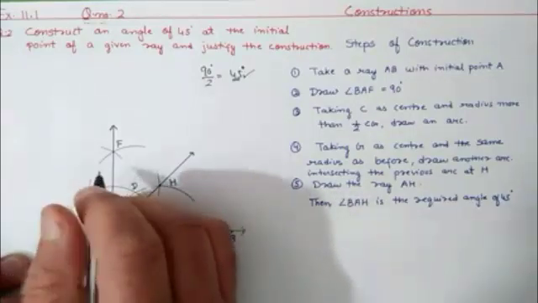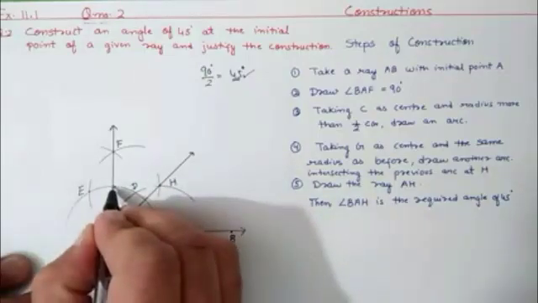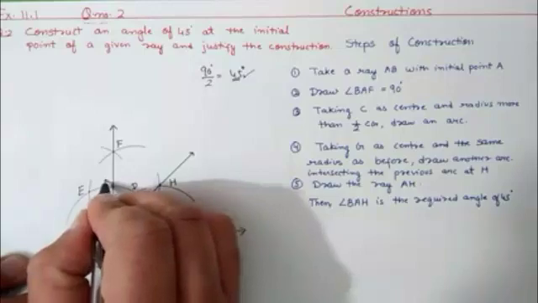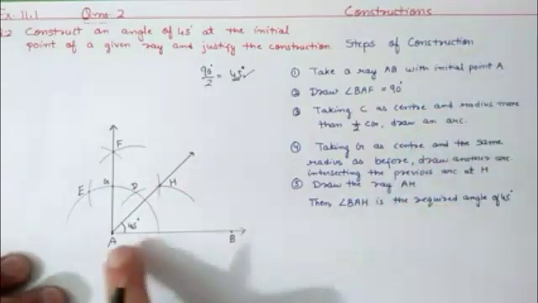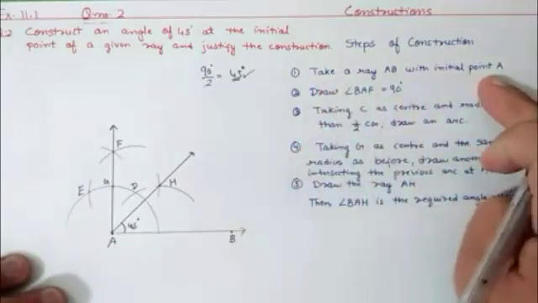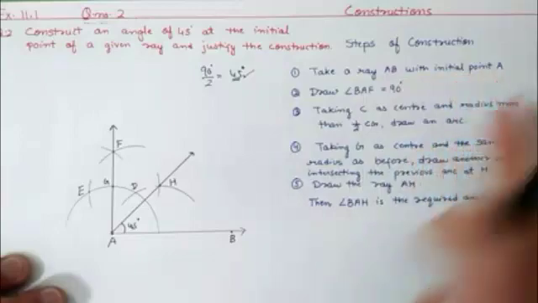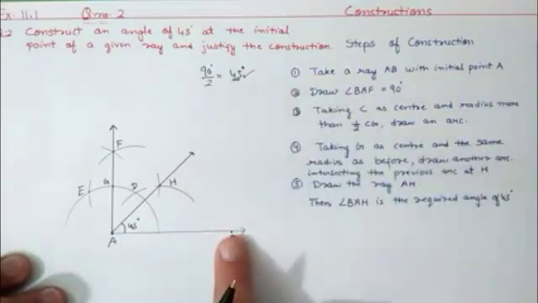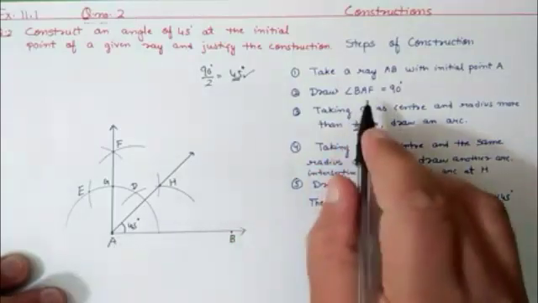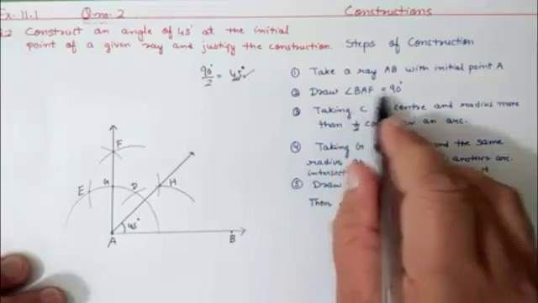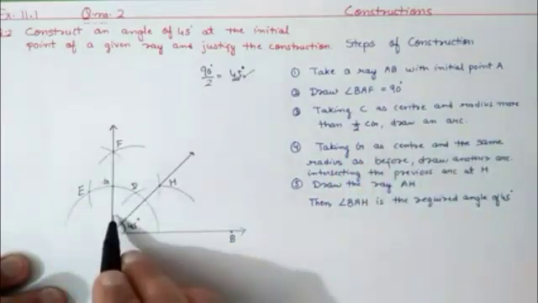This is D, and for 120 degree we can mark any point, that will be our E. Taking a ray AB with initial point A, draw an angle BAF of 90 degree. We already know how to construct 90 degree.